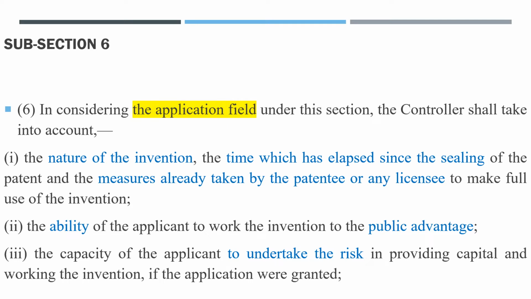So the words written in blue are the main key points, so that you can very well grasp the essence of this subsection. And actually subsection 6 is not finished now. It has another point that we will discuss in the next slide.